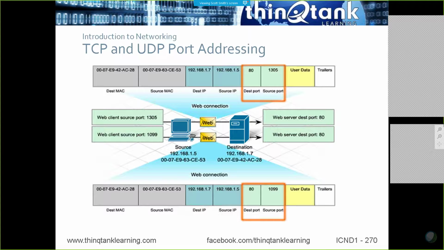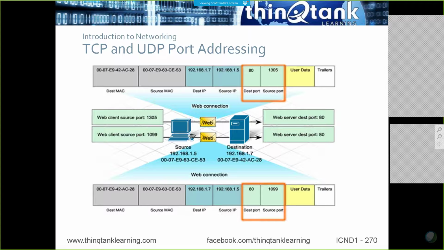So from a layer 2 perspective and from a layer 3 perspective, both of these conversations are the same. I opened up one web browser and went to 1.7. I opened up a second web browser and also went to 1.7.